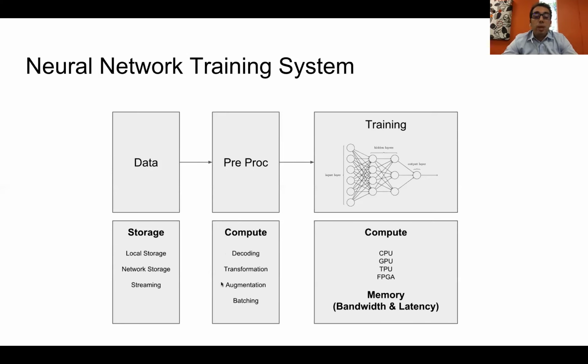And then you augment that data. This is a very important technique for regularization and generating more data for your neural network algorithms. And then you batch that data and feed it into your training pipeline. So the pre-processing in itself is a very complicated piece that has all sorts of relationships with your storage and compute, and this can be optimized further.